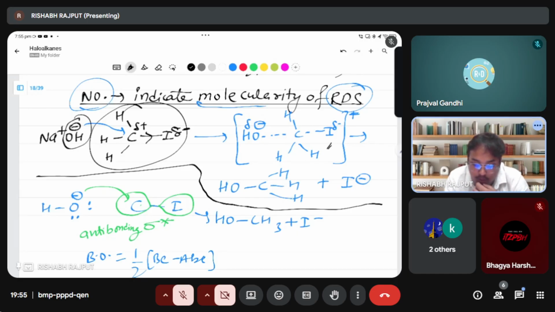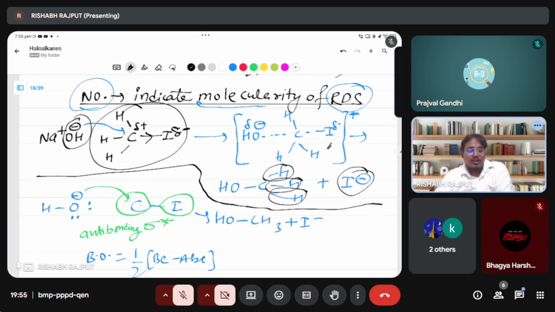Here the OH will approach the carbon. Because of that, the iodide negative will be released, because OH comes from the backside and iodide takes the electrons as the carbon bond is completed by OH. So iodide goes outside, and here you get HOCH3.